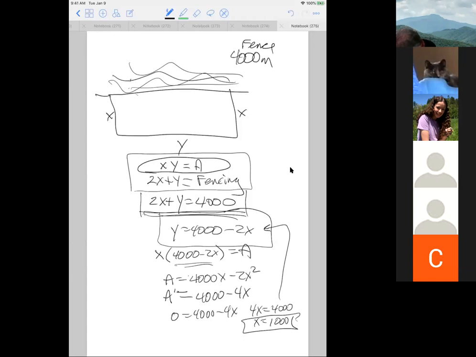So if we plug 1,000 in, we get y equals 4,000 minus 2 times 1,000, equals 4,000 minus 2,000, equals 2,000. So y equals 2,000. And therefore, the max area is going to be x times y, and that equals 2 and 6 zeros.